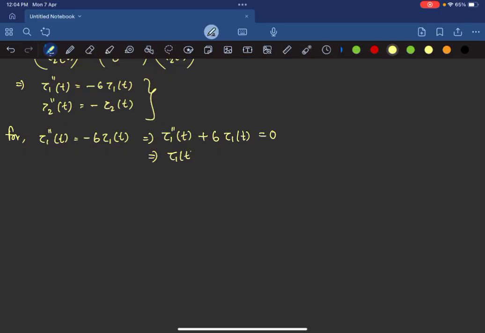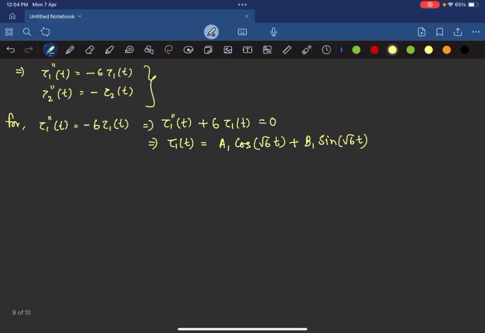Immediately z1(t) will be A1 cos root 6 t plus B1 sin root 6 t. Okay, so this is z1.